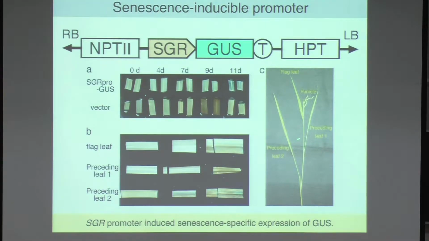So this is the most senescent, and this is young, before senescence. As you can see here, we detected GUS activity in the oldest, preceding leaf 2, but almost no GUS activity was detected in the younger flag leaf or preceding leaf 1. So this indicates that the SGR promoter can induce gene expression along with senescence.